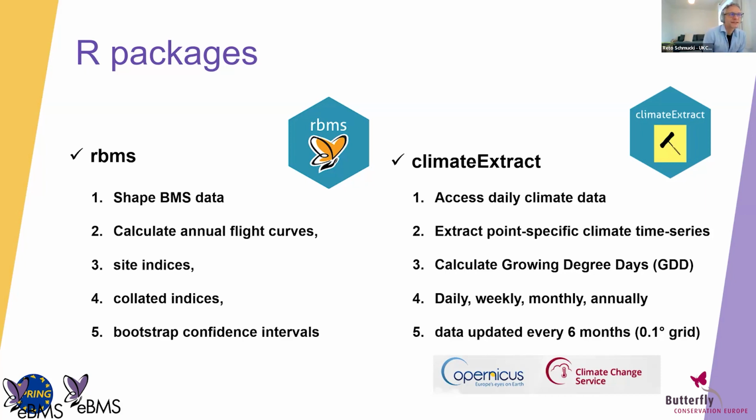The Climate Extract is essentially a tool that helps you to access climate data and associate them to a point. Having your point, your coordinate, it will extract from a larger database the daily maximum temperature, average temperature, lowest temperature, pressure, precipitation.